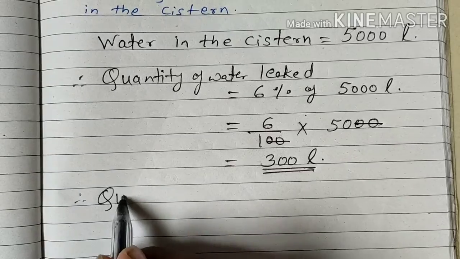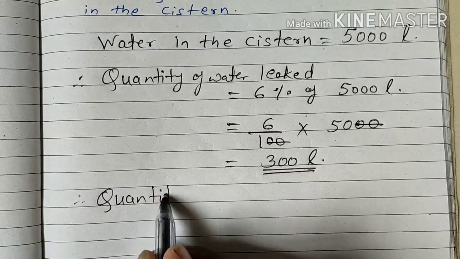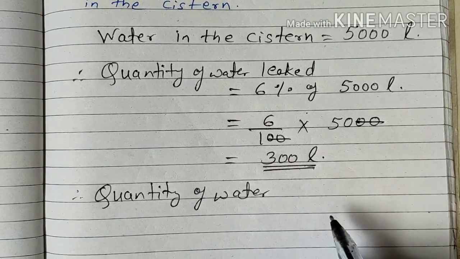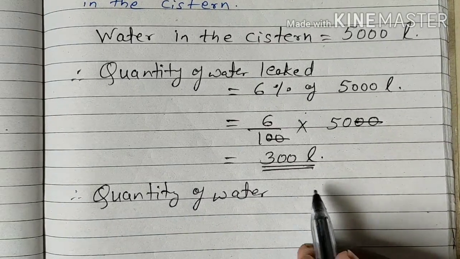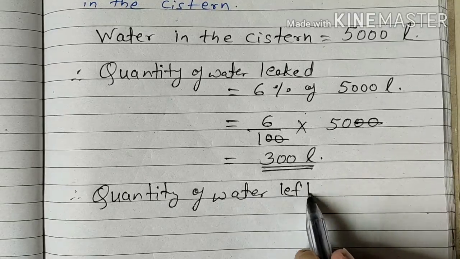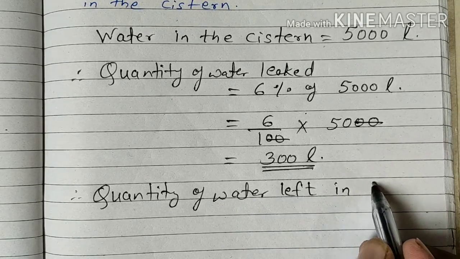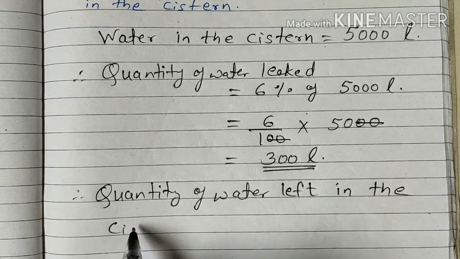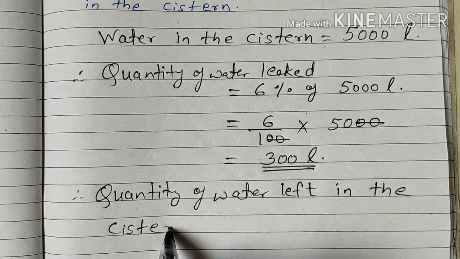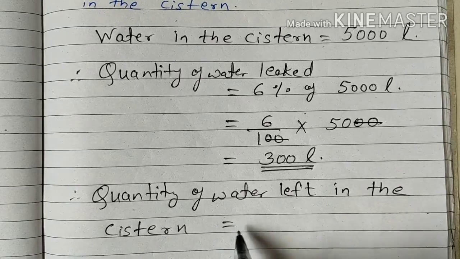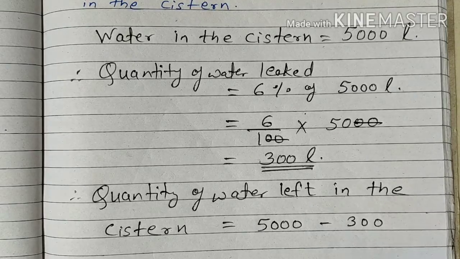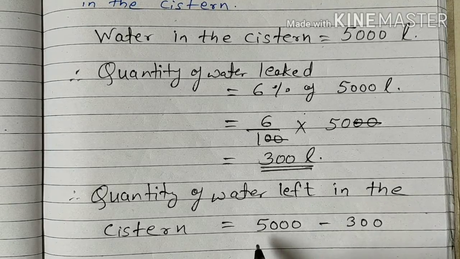Therefore, the quantity of water left in the system will be 5000 minus 300, correct? 5000 minus 300.